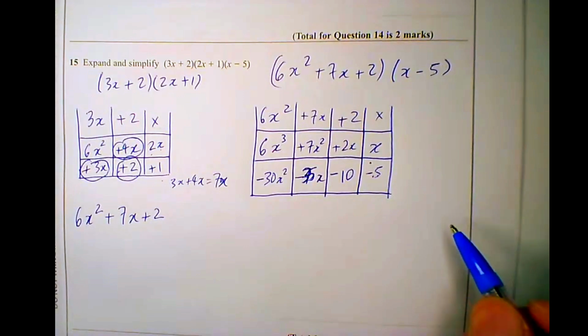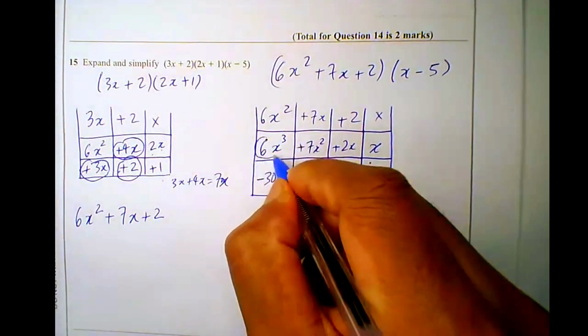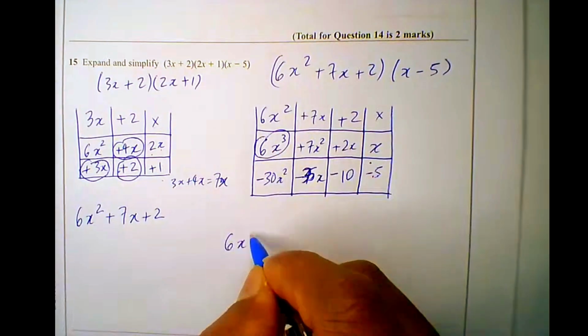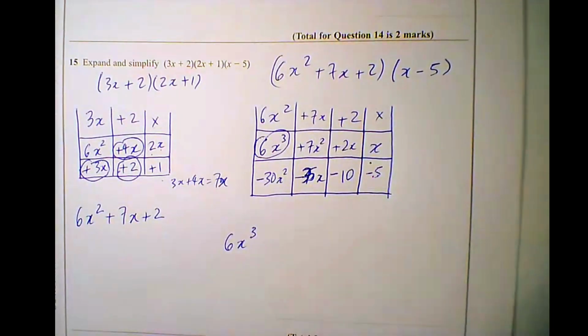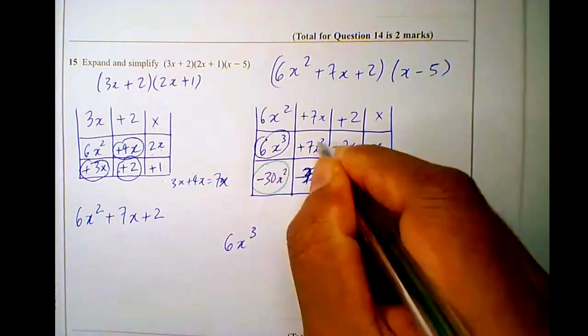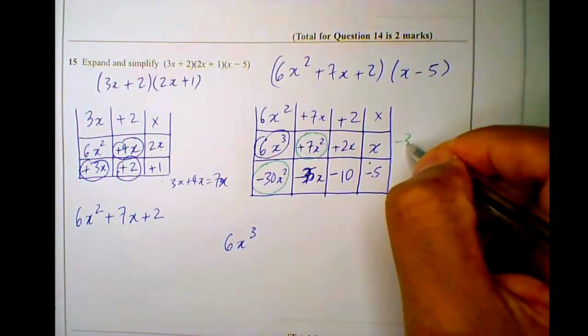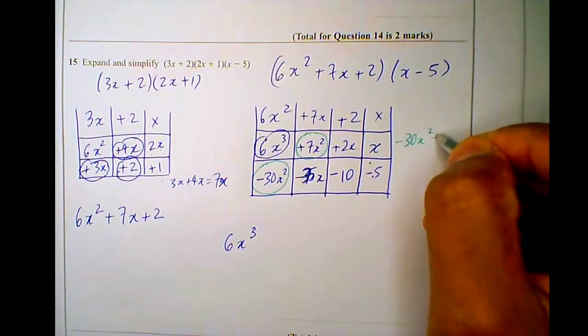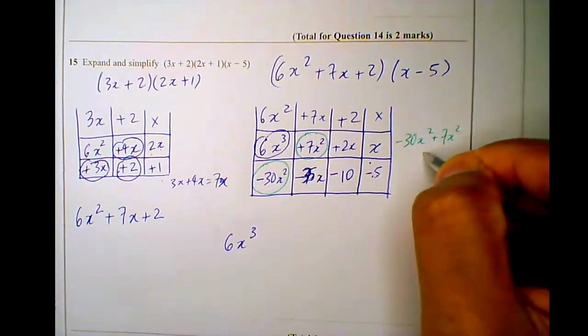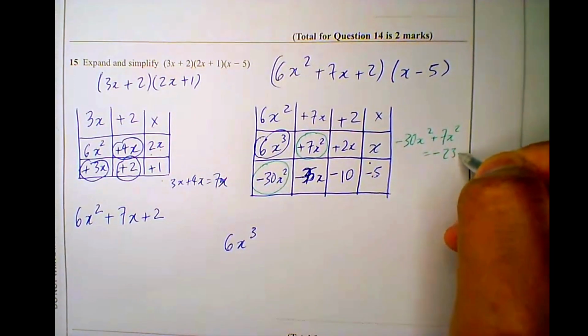And now we simplify like we did before. So I've got my 6x cubed. Then I've got my x squared terms. Negative 30x squared plus 7x squared gives me negative 23x squared.